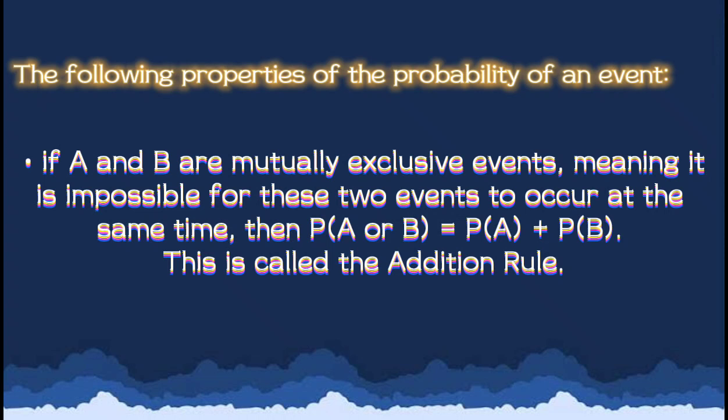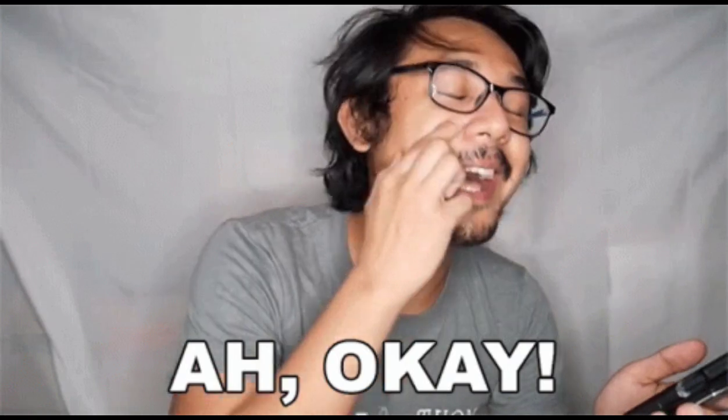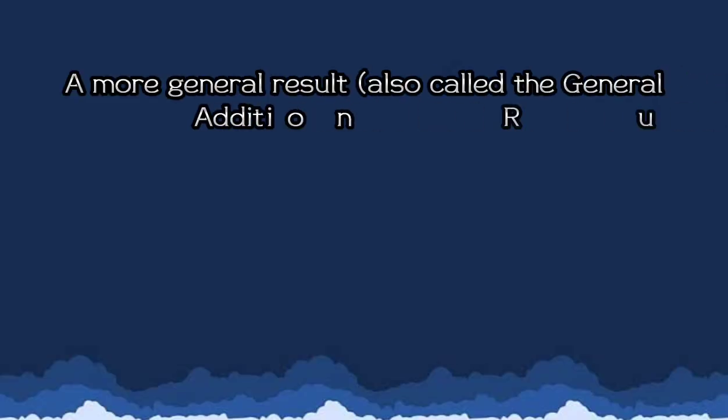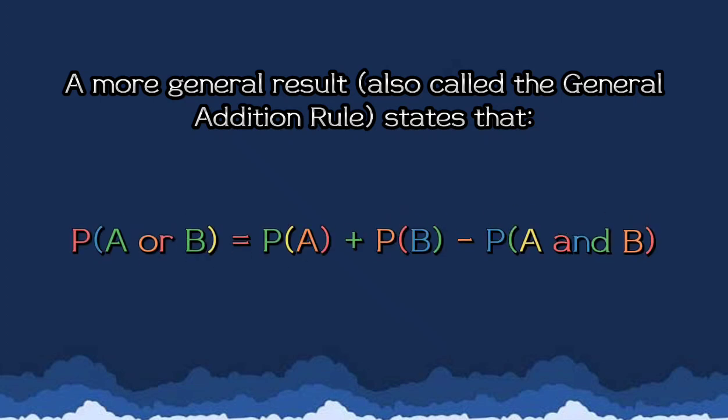This is called the addition rule. A more general result, also called the general addition rule, states that P(A or B) = P(A) + P(B) - P(A and B).